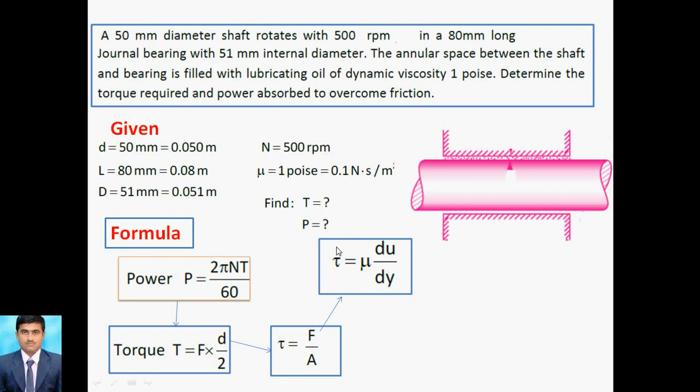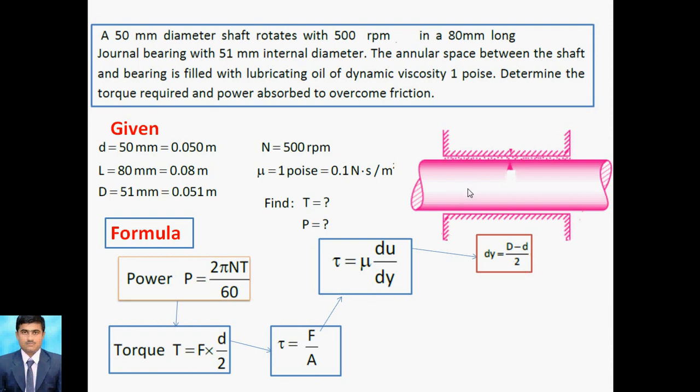Now we can put the value of tau directly. Before that, we calculate tau. Mu is known to you, that is 0.1. du means change in velocity, and dy means change in distance. So the change in distance, dy, is capital D minus small d, divided by 2.